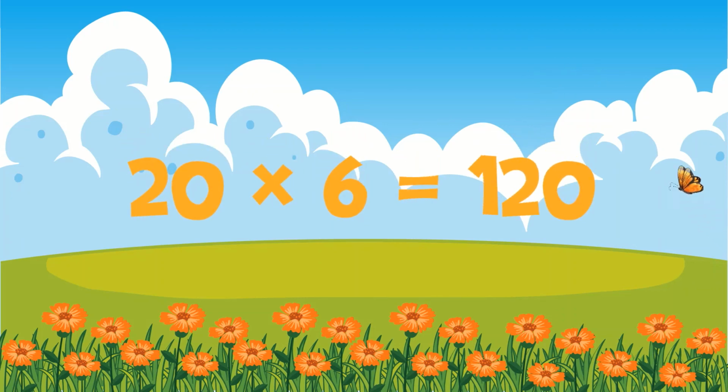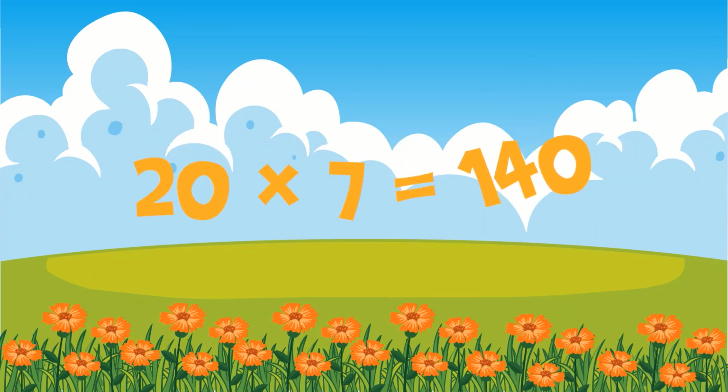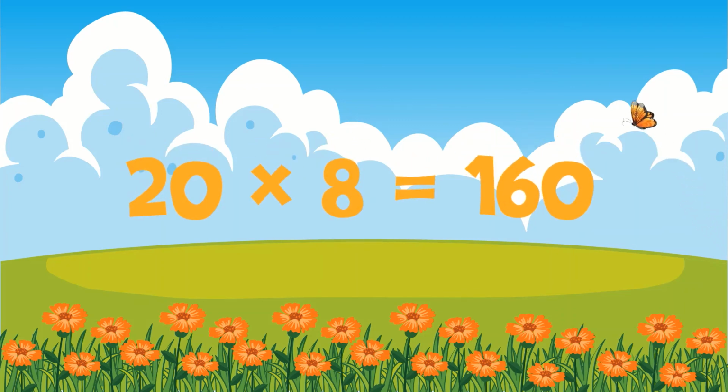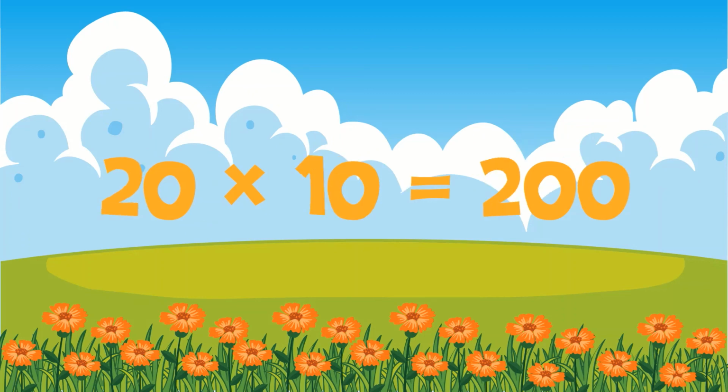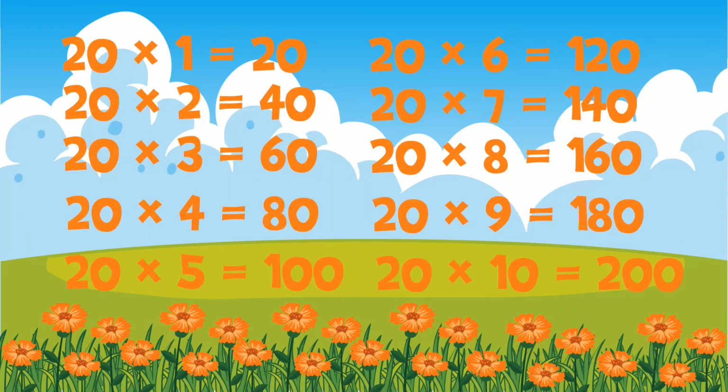Twenty sixes are 120. Twenty sevens are 140. Twenty eights are 160. Twenty nines are 180. Twenty tens are 200. So kids, repeat after me.